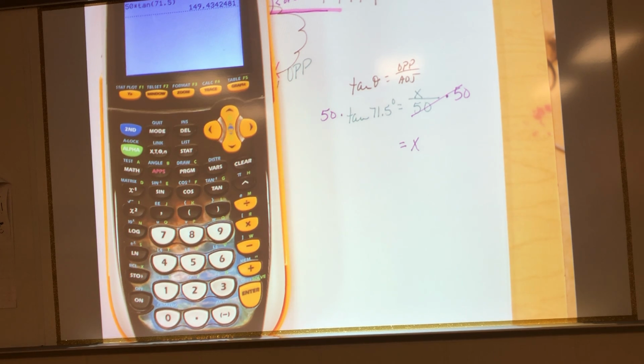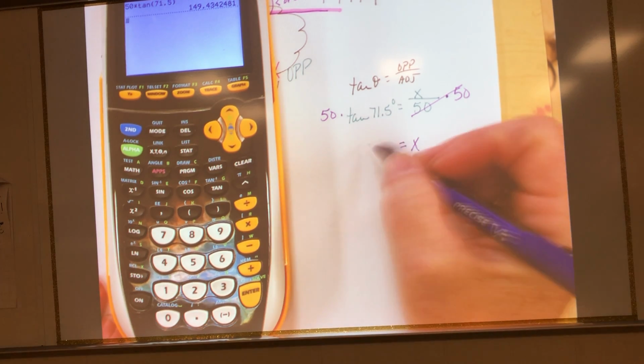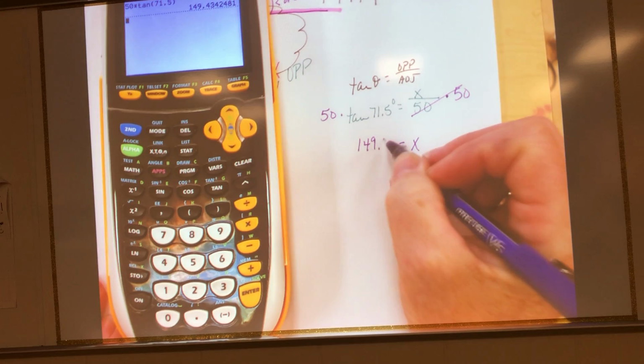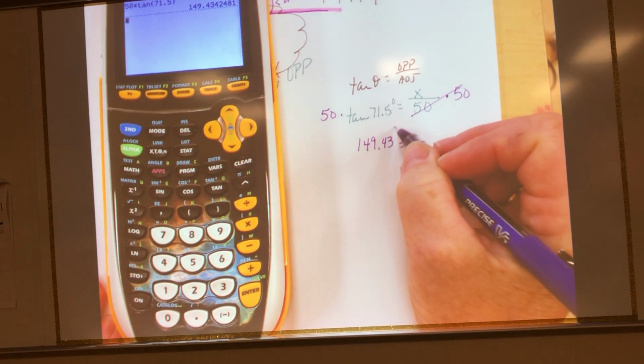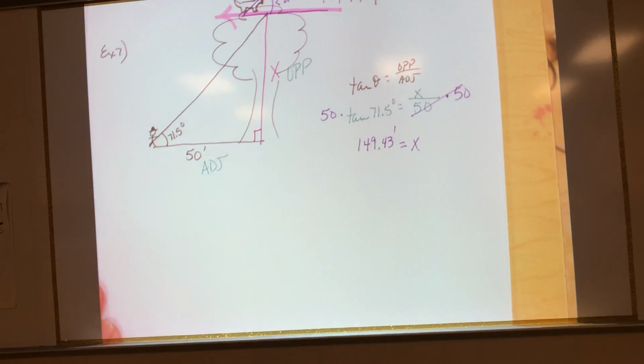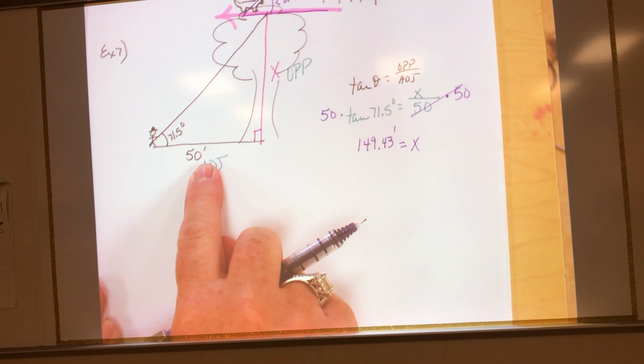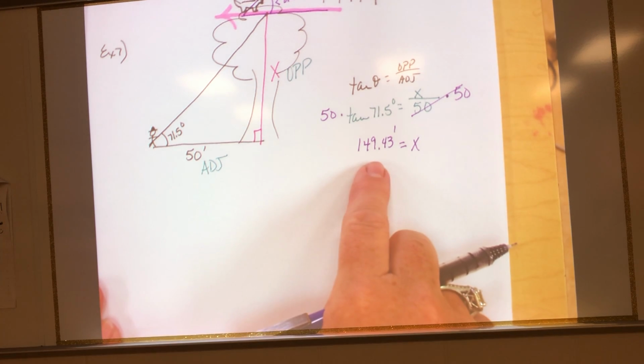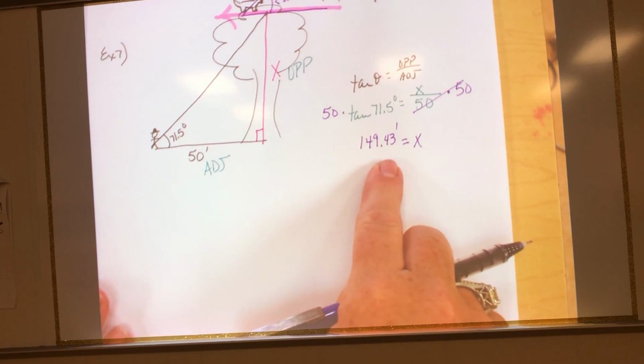So, here's my answer. X is equal to 149.43 feet. The reason it's in feet is because this is in feet. All right? Is this a reasonable answer? Yes. If it's a reading problem, always make sure you think it's a reasonable answer.